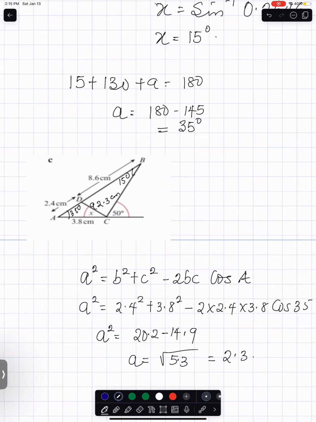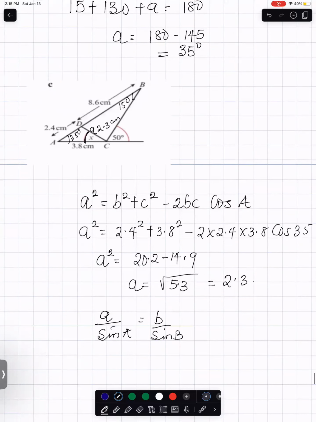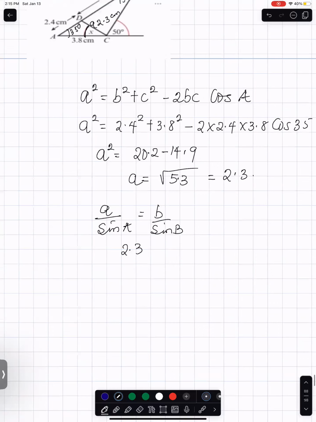So having gotten my A, I can now go ahead to solve for x using my sine rule. So we have A over sine A equals B over sine B. So I have 2.3 over sine 35 equals, if you take a look at this triangle properly.